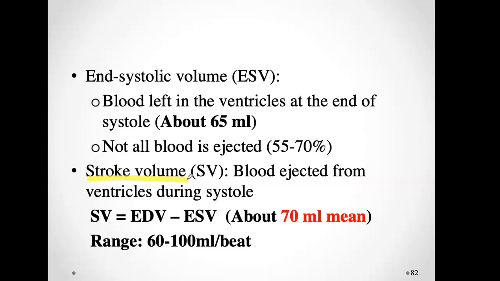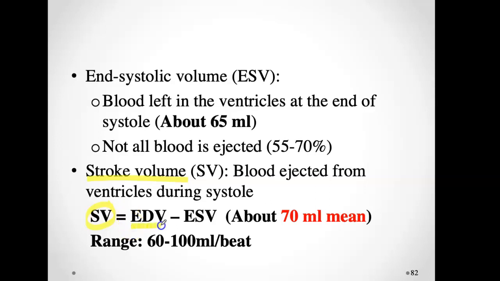If you take the end diastolic volume, in other words, the total filling, and take away the total amount that was left behind after ejection, then you're going to have the volume that you actually eject, right? Which is stroke volume. We're interested in stroke volume, remember, because this is what you're going to use to irrigate your tissues. So that's the value we want.